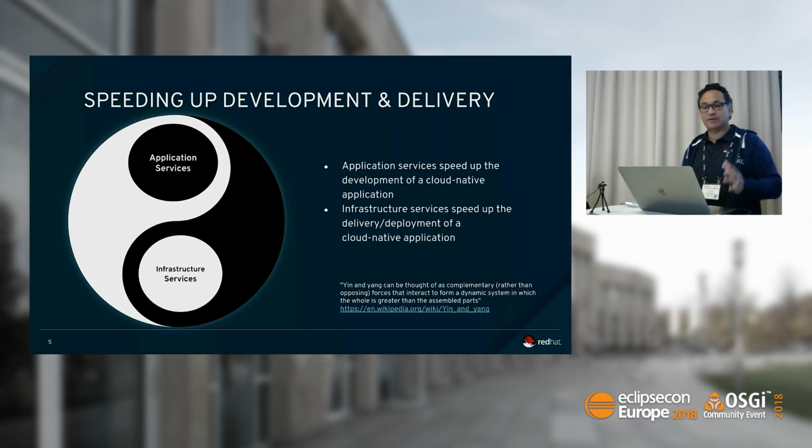In cloud native app dev, we have the concept of infrastructure services. These are the services that have to do with operational things like the building and the delivery of the application, and maintaining the application once it is in production, how to update it, how to patch it. All these are infrastructure services.